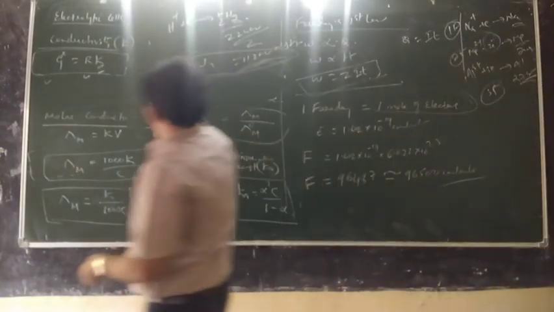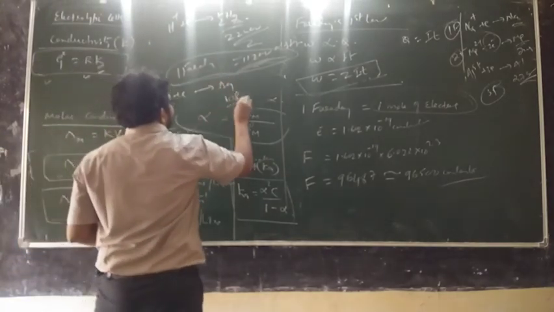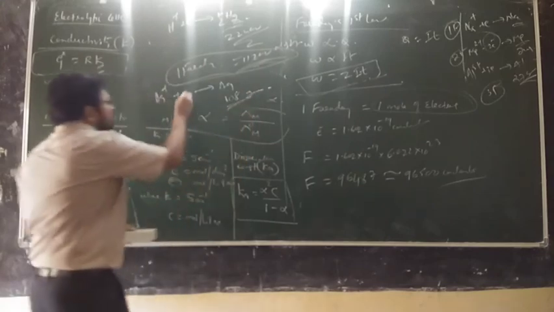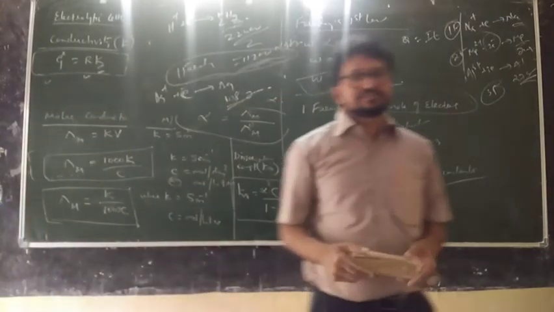Silver: Ag plus plus 1 electron gives Ag, atomic mass 108 gram corresponds to 1 Faraday.